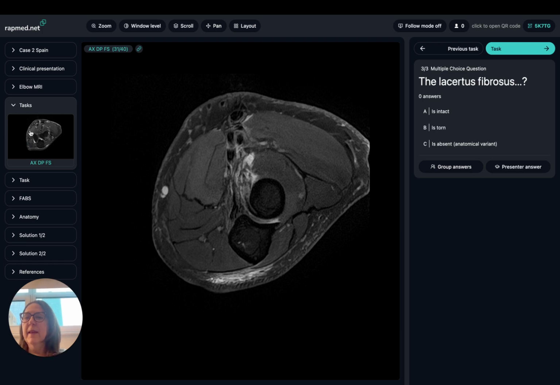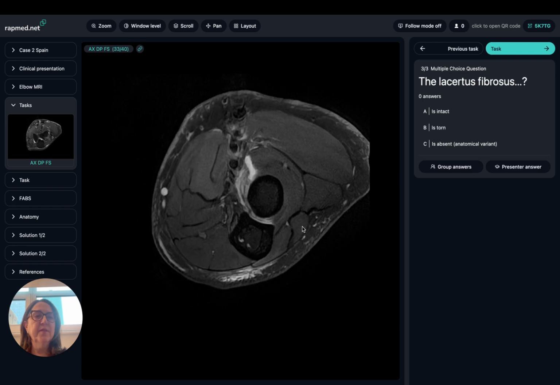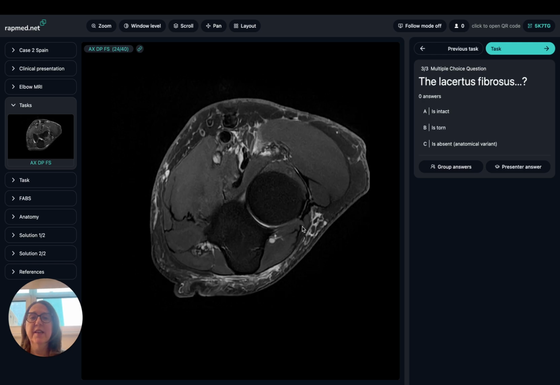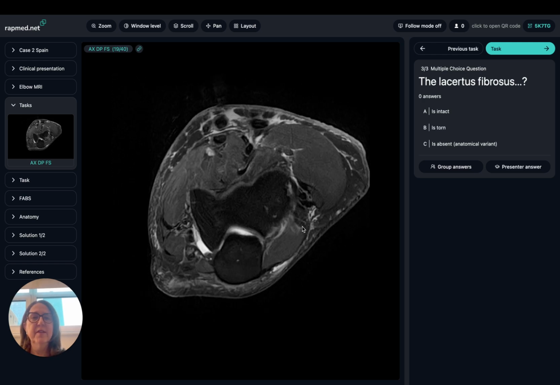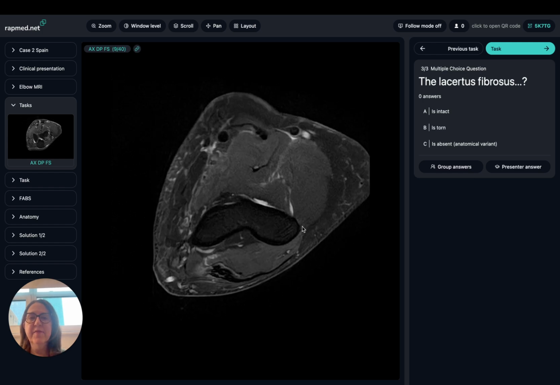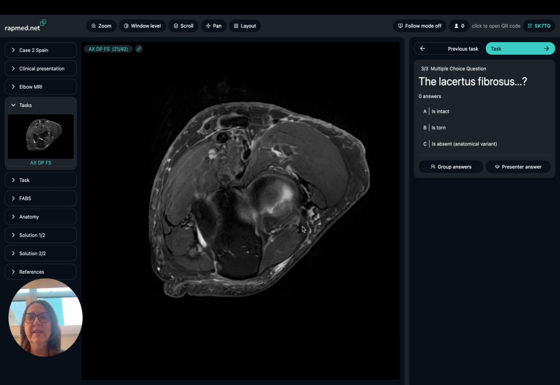Our last task is to show where the lacertus fibrosus is and how it looks. Is it intact or is it broken?